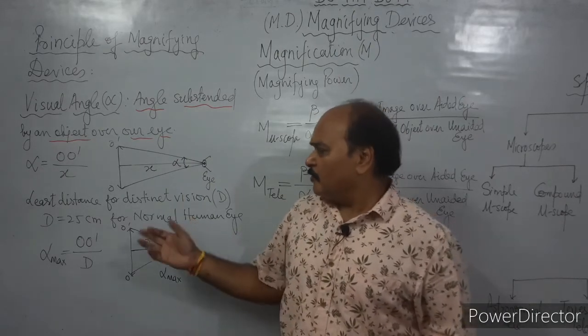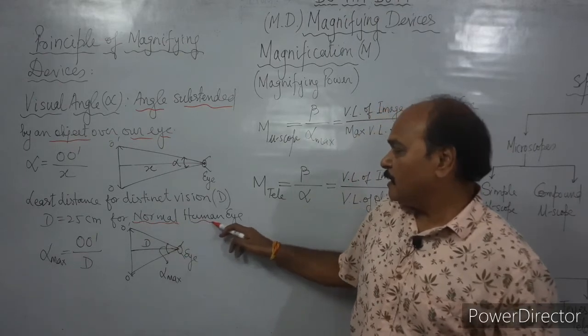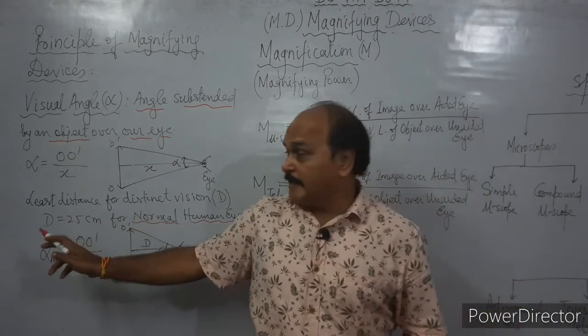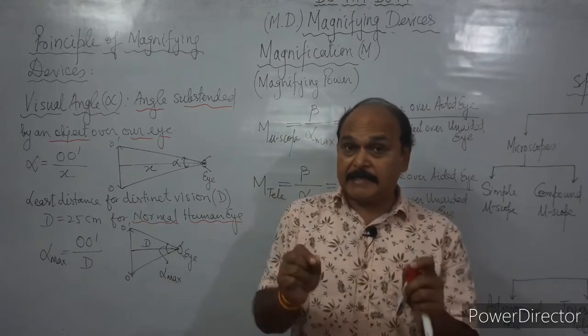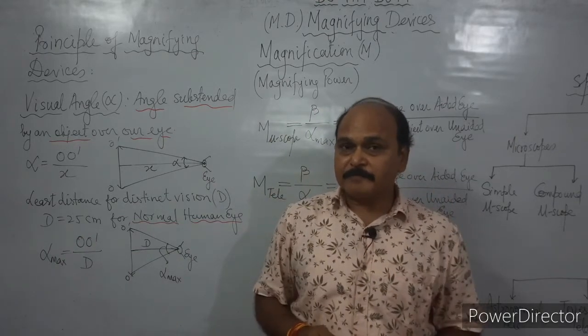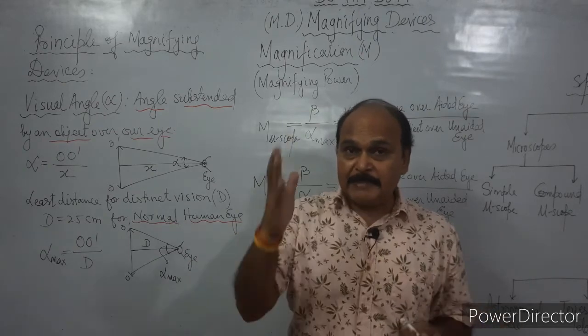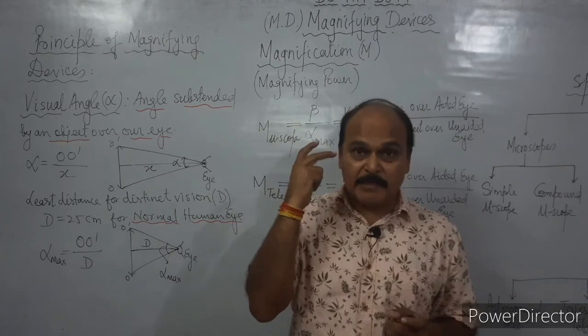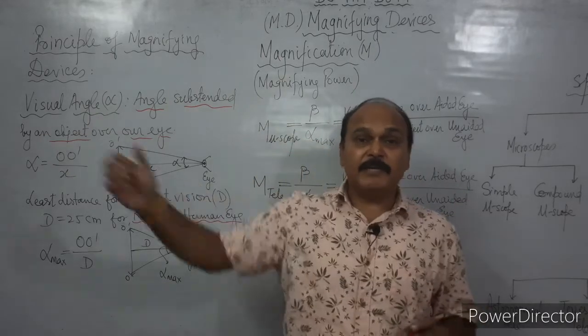Well, for normal human eye, 25 centimeter, D is equal to 25 centimeter, is called least distance for distinct vision. Our eyes can see very clearly without any strain from 25 centimeter up to infinity.